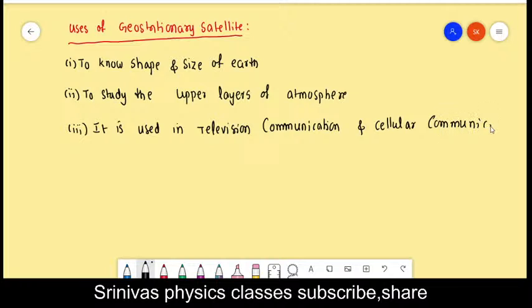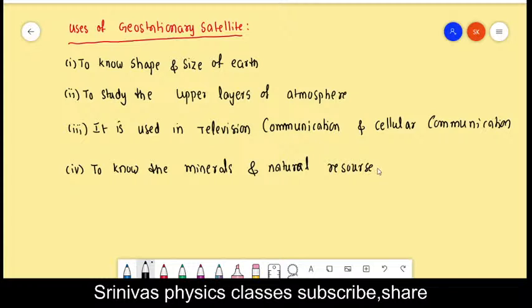The next use is to know the minerals and natural resources present on the surface of Earth.